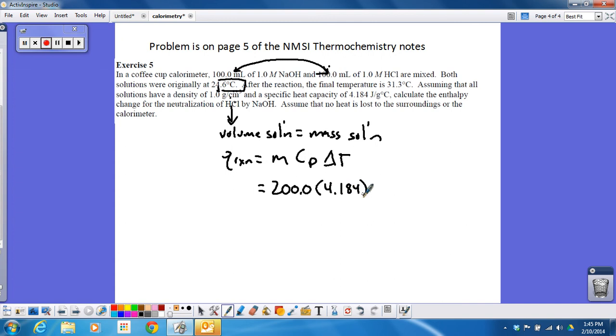And then to calculate delta T, you subtract 31.3 minus 24.6, and you get 6.7 degrees Celsius.